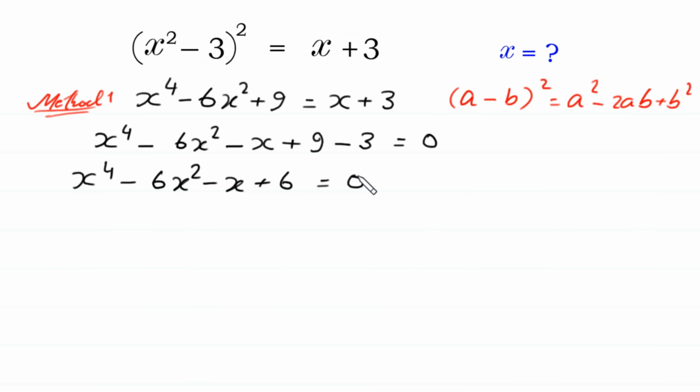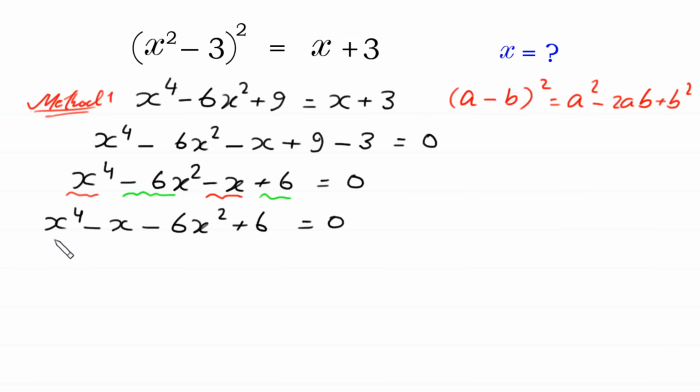Now we write this negative x with this x to the power 4, and this negative 6x squared with this plus 6. x to the power 4 minus x and minus 6x squared plus 6 is equal to 0.